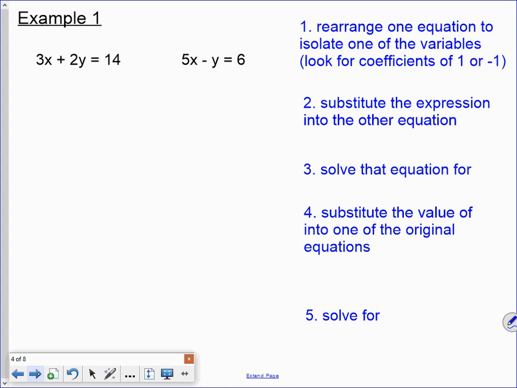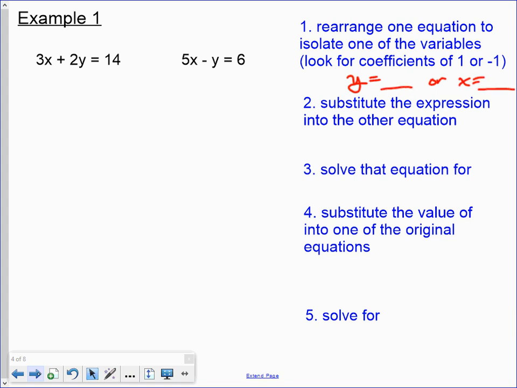So I've listed some steps down here that we're going to follow every time that we're solving an equation using substitution. So our first step is going to be make sure we can rearrange one of the equations to isolate one of the variables, okay? And so that means we want to get something, so it's going to be y equals or x equals something, okay?